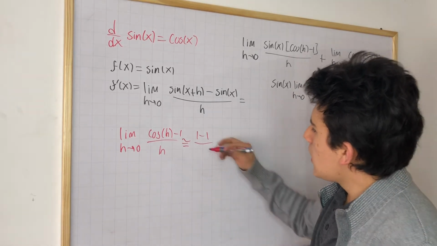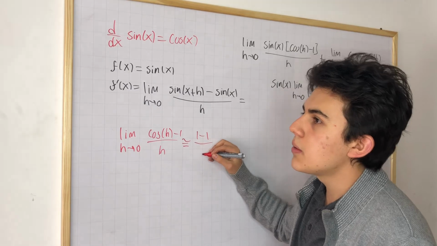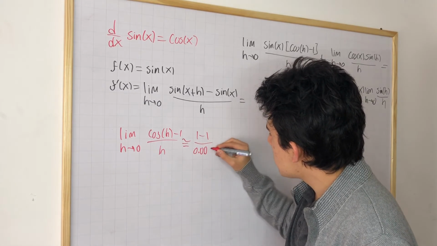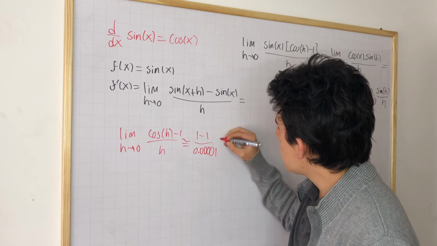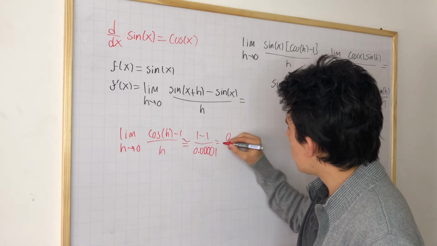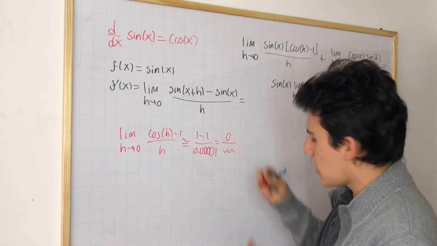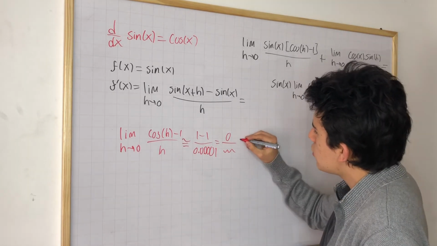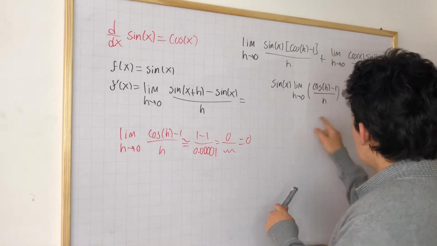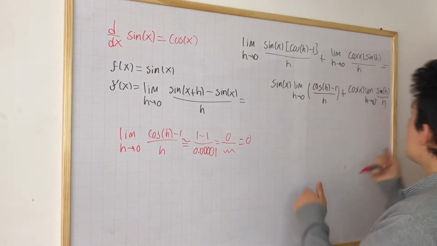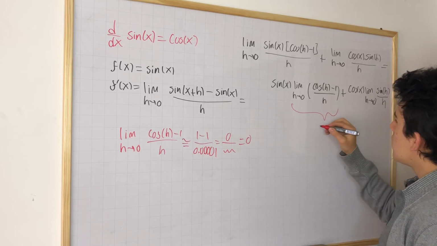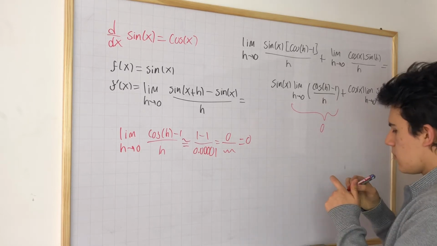And up here, this is just simply going to be 0 over this entire thing, whatever you have down there. And 0 divided by any number is just simply going to be 0. So we know from this that this side is going to be equal to 0.